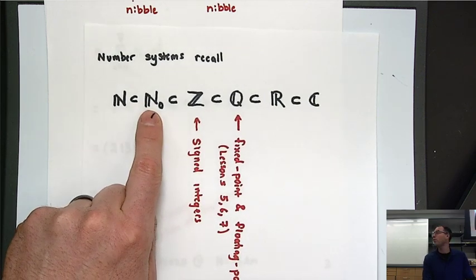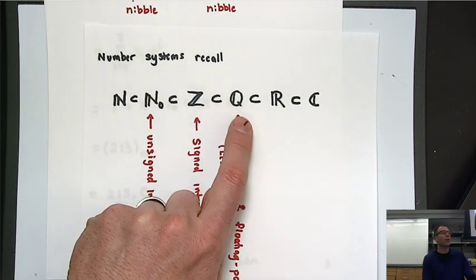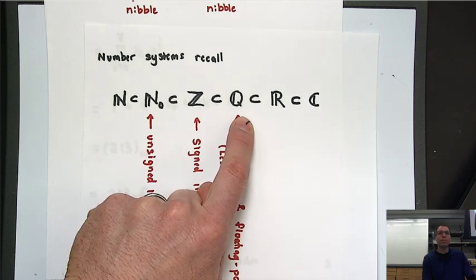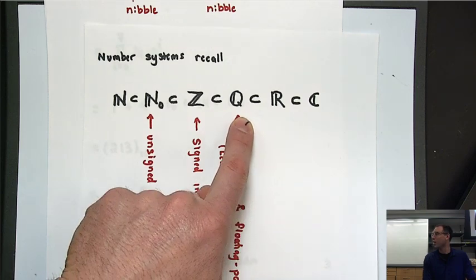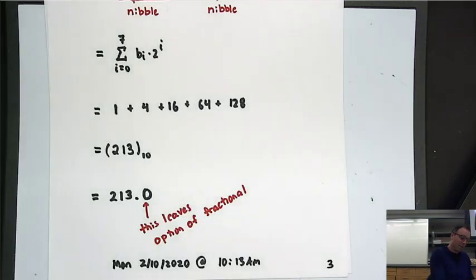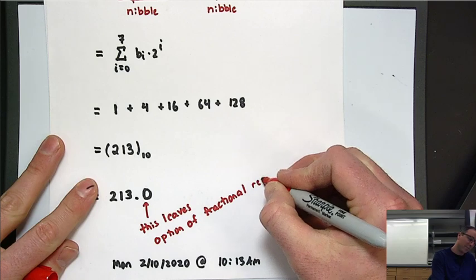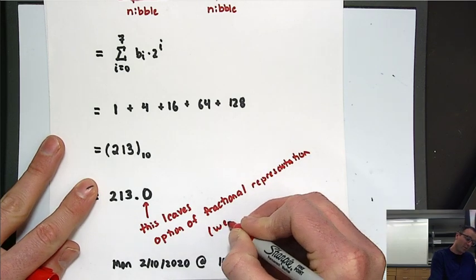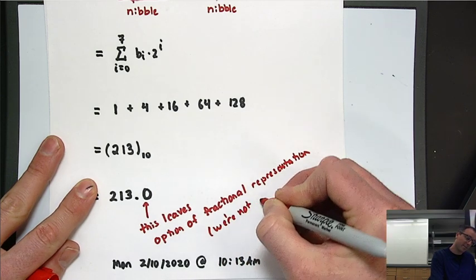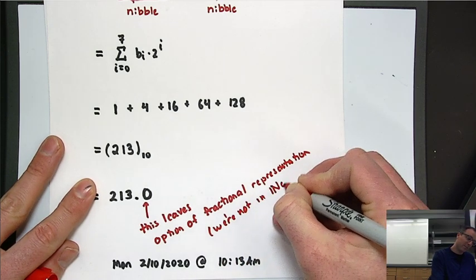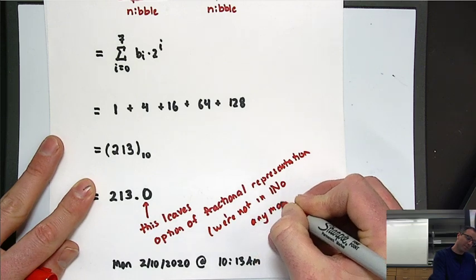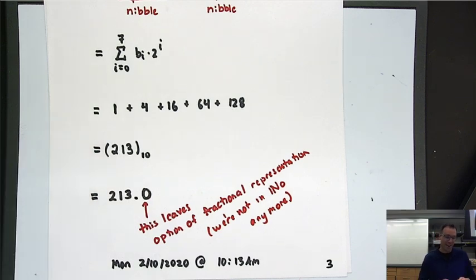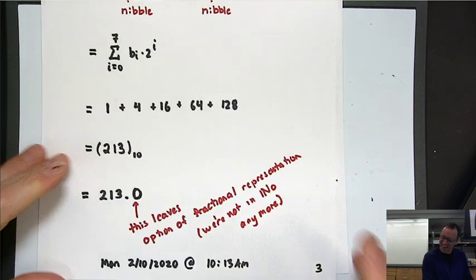Transitioning from the possibility of only unsigned integers into the possibility of fractions, right? So this leaves the possibility of a fractional representation. And I guess Dorothy would say, we're not in Kansas anymore, right? Hey, I like it.